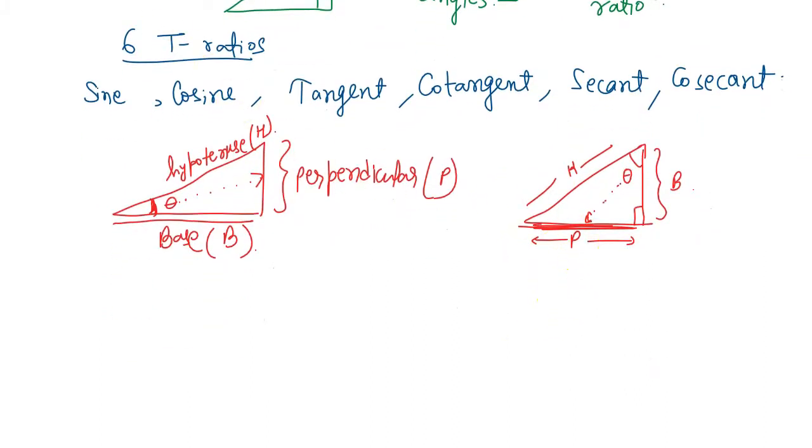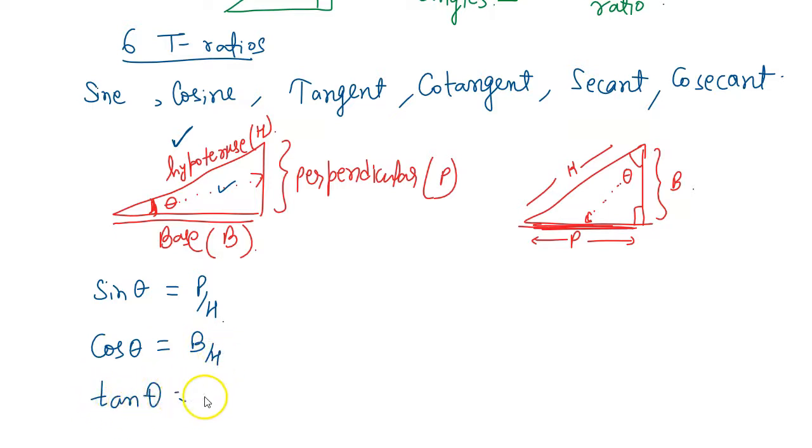Now let us take any triangle with respect to this angle. So sine theta, in short we write sin theta, that will be perpendicular by hypotenuse. Cosine theta, that we call cos theta in short, that is B by H. Tan theta, that is P by B. Cosec theta, that is the short form for cosecant, and that will be the reciprocal of sine theta.